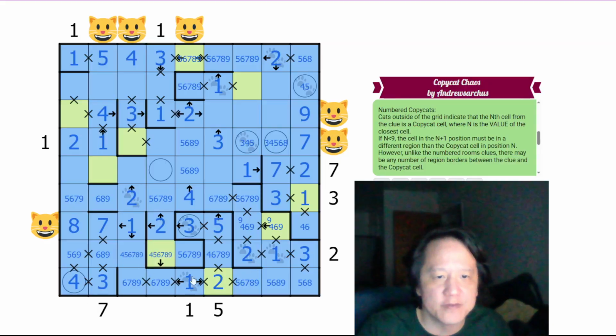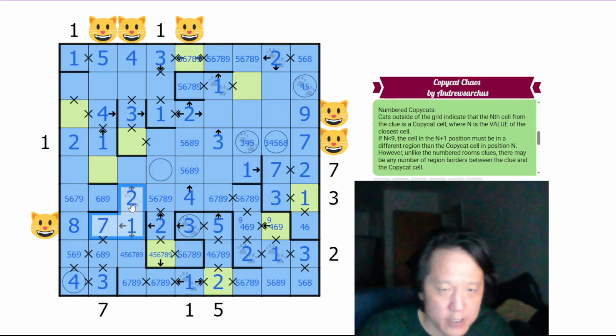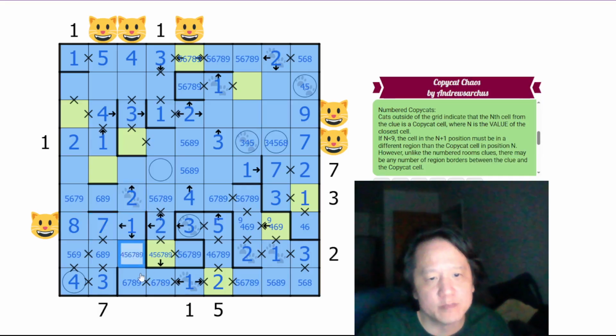So this is definitely part of that region. This has no boundary there. There's definitely a boundary between one of these two. So the 7 either goes to the 8 and then goes up, or it goes to the 1 and then goes up. They're both possible.